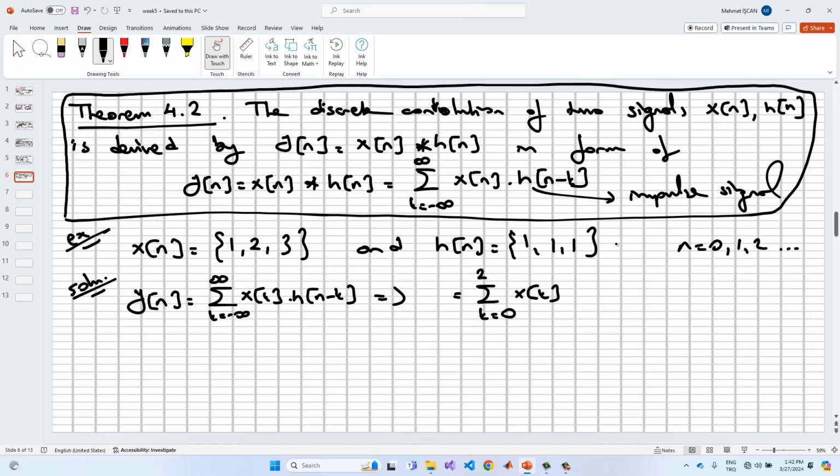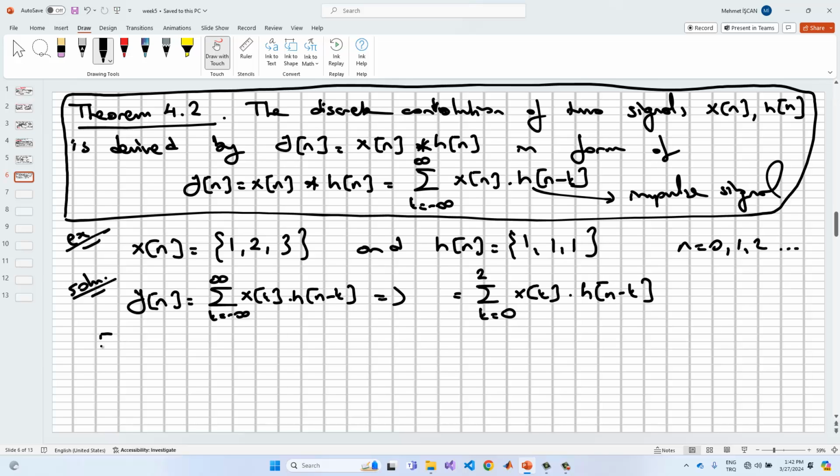This is a unit step response, okay? Before, if the sequence index is smaller than 0, this yields 0. That's why we just use this formulation h[n minus k].